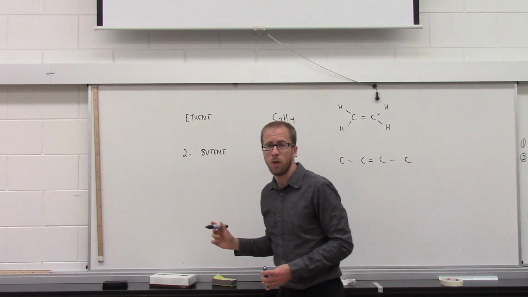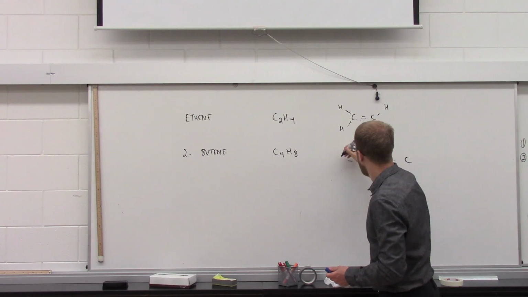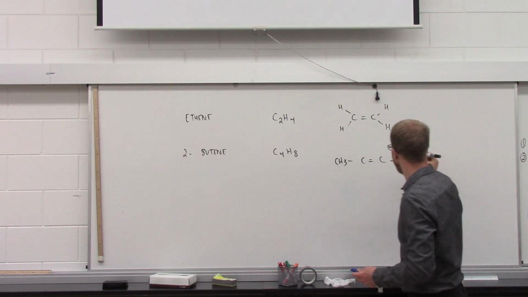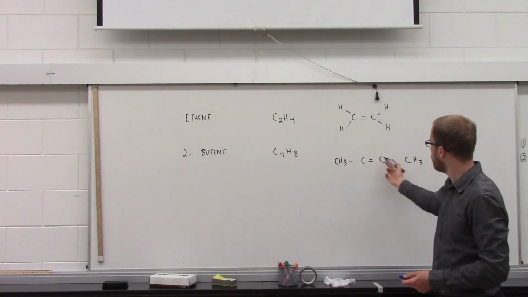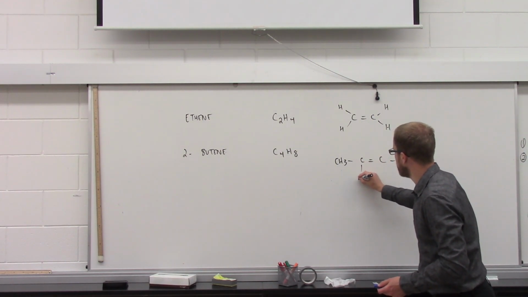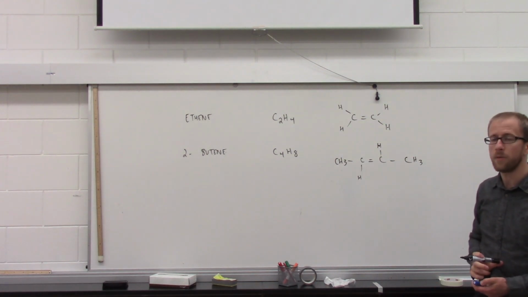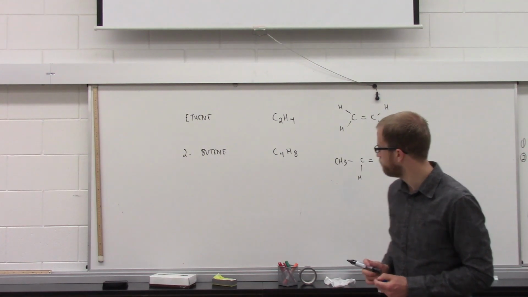That's what this 2 represents. So I'm going to get a little lazier on this one here. I'm going to do condensed structural. And these carbons here each have 3 bonds. So, you know what, I'm just going to draw the hydrogens in like this. So they each have an additional hydrogen that we must add in order to have 4 bonds for carbon.